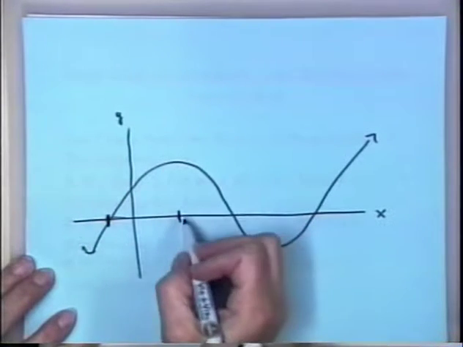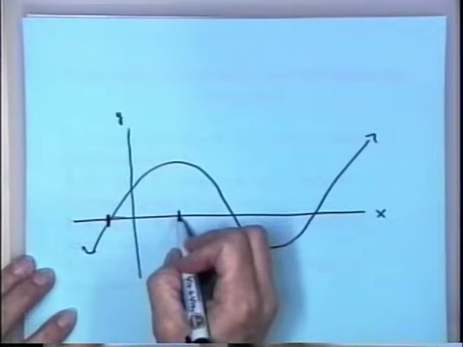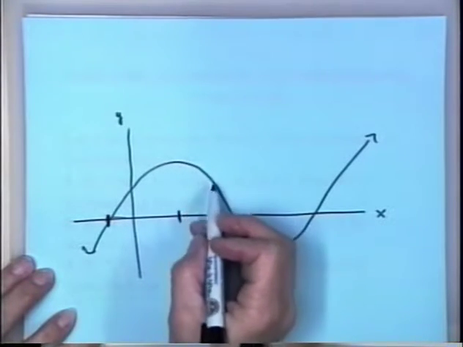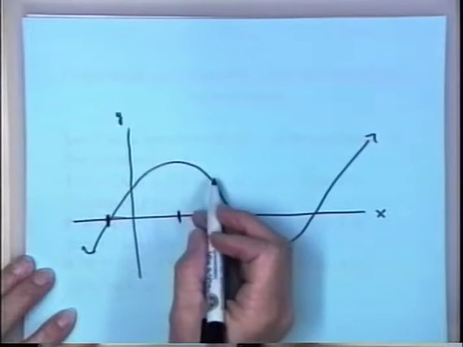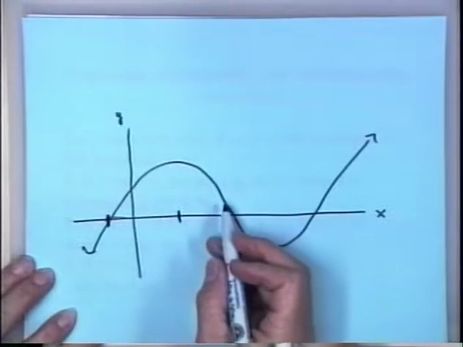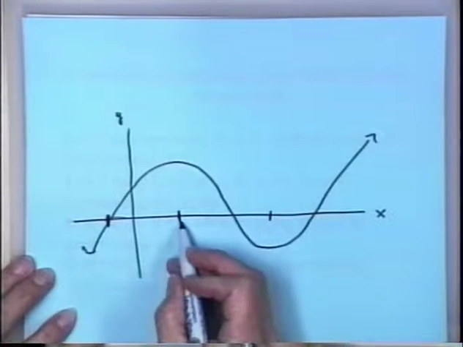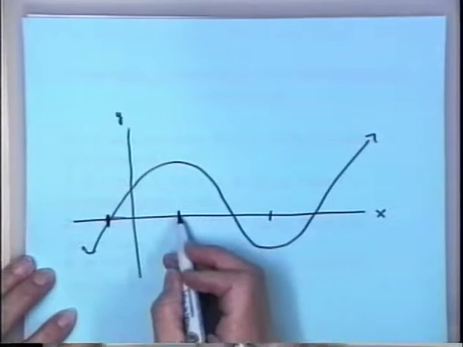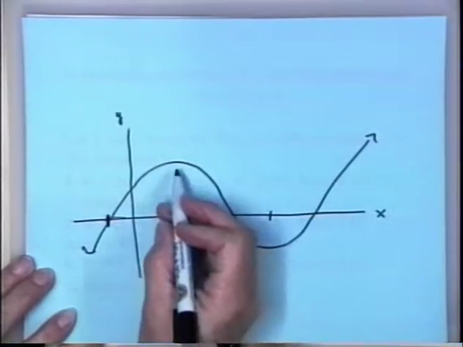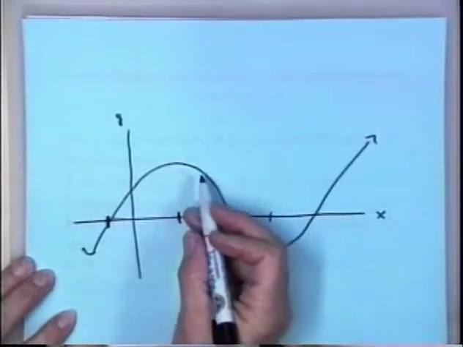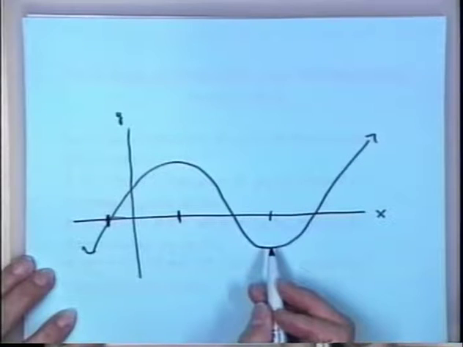Now from the x value here, notice right along here our graph starts falling as we move to the right, and it continues to fall until we get right along in here. So from this x value to this x value, as we move to the right, our y values are coming down, they're getting smaller. So we would be decreasing on this interval.